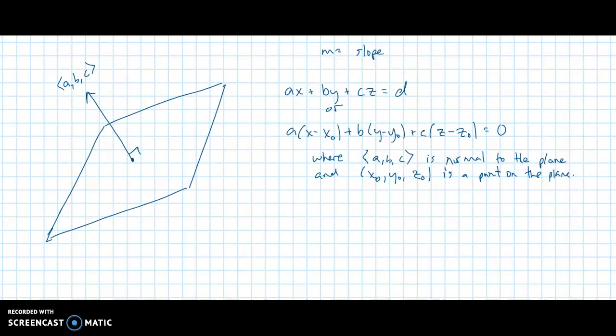So now I'm going to label this point right here. This point is going to be P, x naught, comma, y naught, comma, z naught. So ABC is normal, and x naught, y naught, z naught is that point, and that should be a parenthesis, not a bracket.